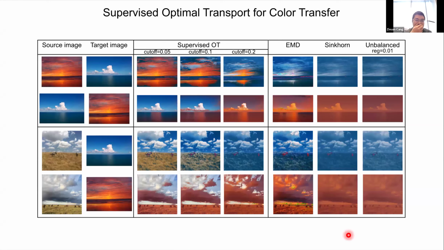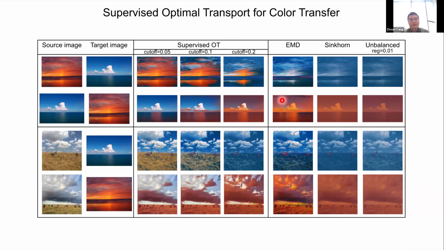So as an intuitive example of what we're trying to do, this is a classical example. In this task, we're trying to produce an image that has the pattern given in the source image, but with the color palette from the target image. Using this supervised optimal transport, we're able to control how much color we transport from the target image to the source image, or how much color we keep for the source image after the transport.